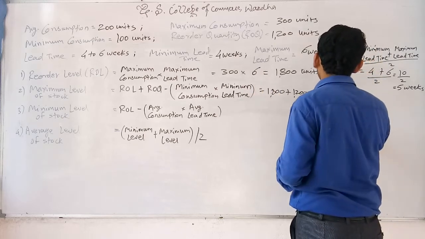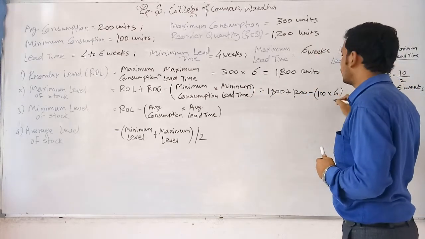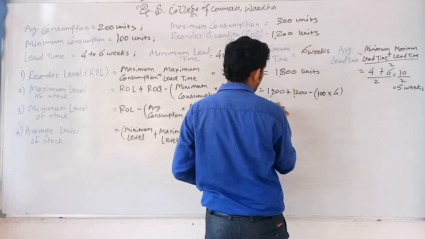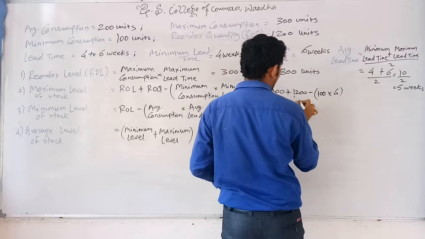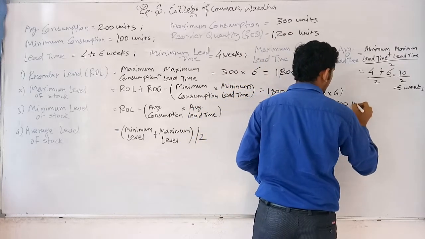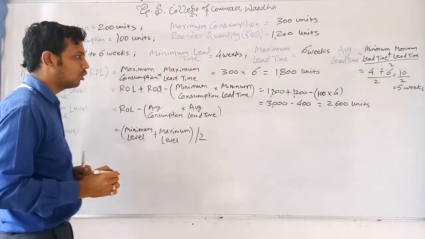Minimum consumption is 100 units multiplied by minimum lead time 4 weeks. Simplify the values: 3000 minus 400 equals 2600 units is our maximum level of stock.